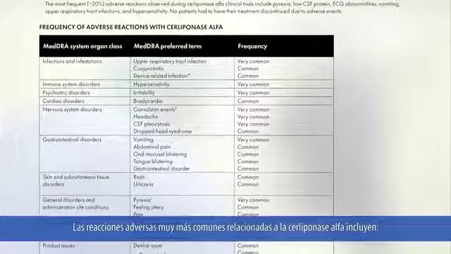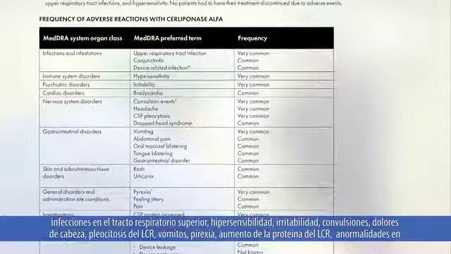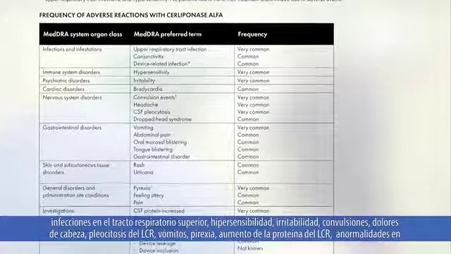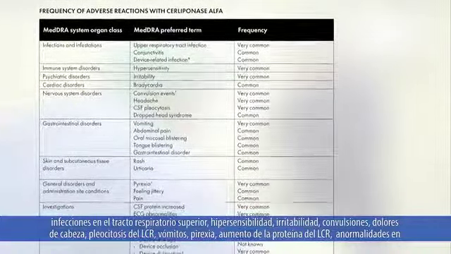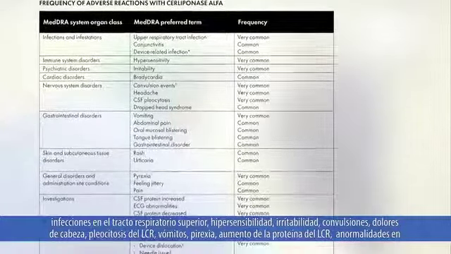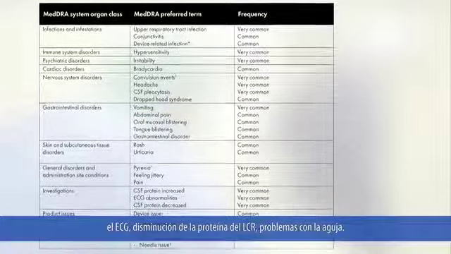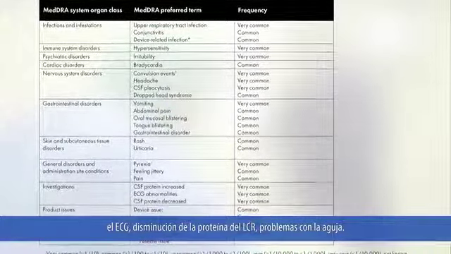Very common adverse reactions with solipinase alpha included upper respiratory tract infection, hypersensitivity, irritability, convulsion events, headache, CSF pleocytosis, vomiting, pyrexia, CSF protein increased, ECG abnormalities, CSF protein decreased, needle issue.